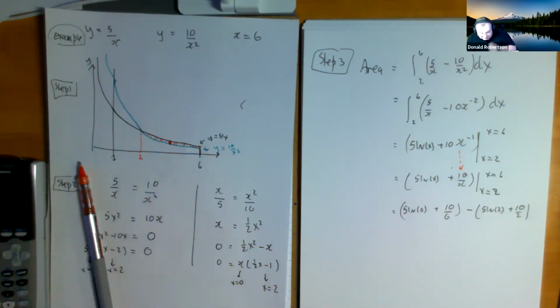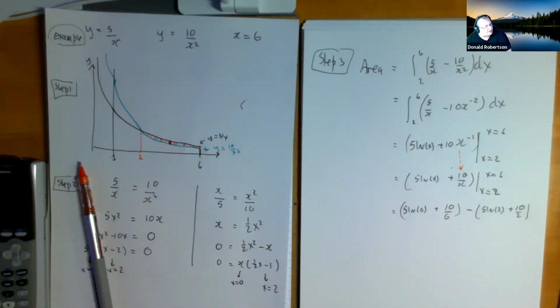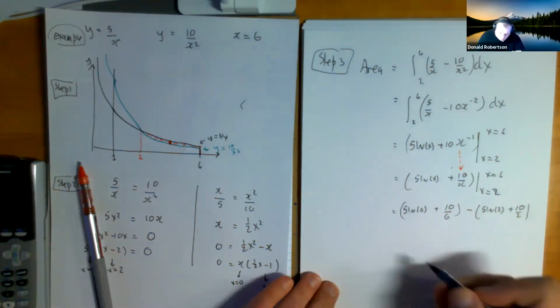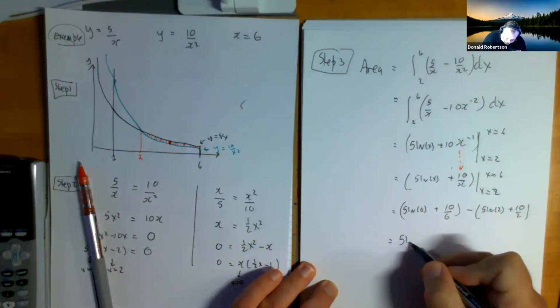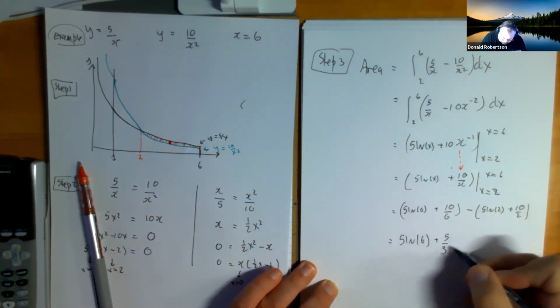You're right. Plus, isn't it much easier to figure out what 10 over 6 is than 10 times 6 to the negative 1 power? I mean, in your brain, isn't 10 times 6 to the negative 1 just, what the heck is that, right? Now, that becomes 5 log 6. That guy becomes 5/3.